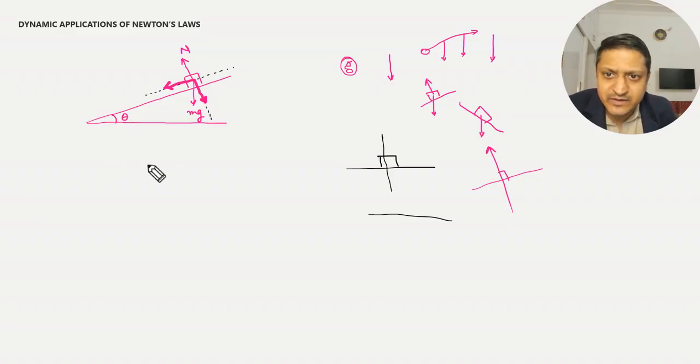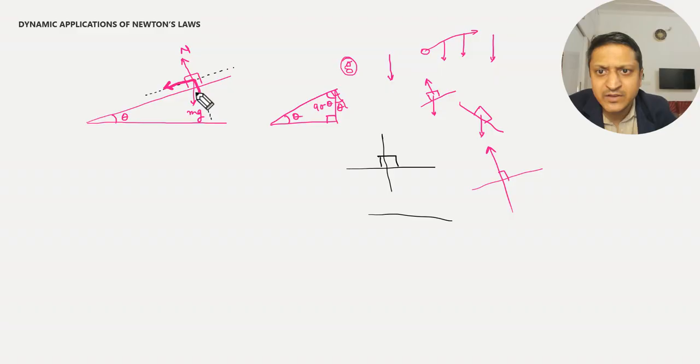Now see, in this triangle, this is theta, this is 90, so this is 90 minus theta. Now this will be theta, because this is 90 minus theta and the whole is 90, so this will be theta. So this will be mg cos theta and this will be mg sin theta.